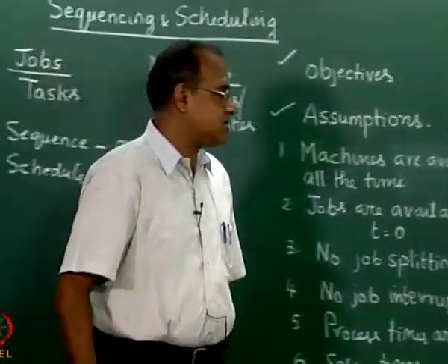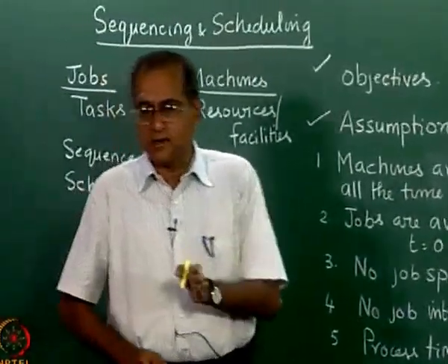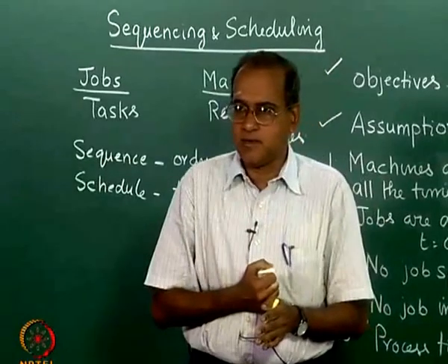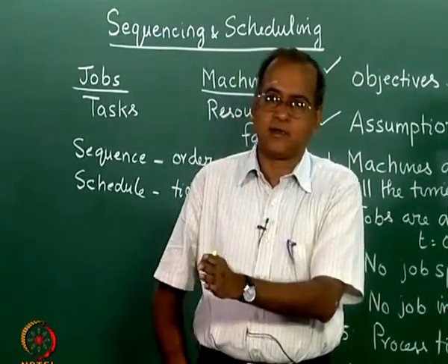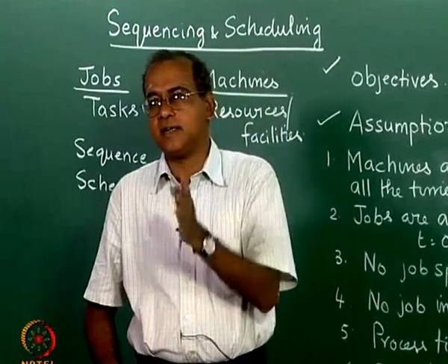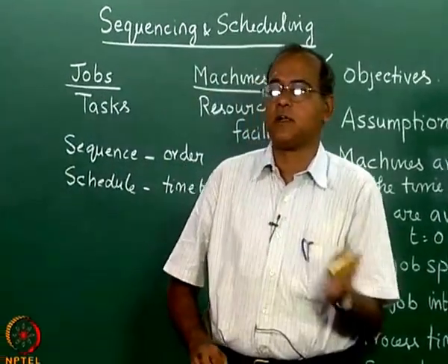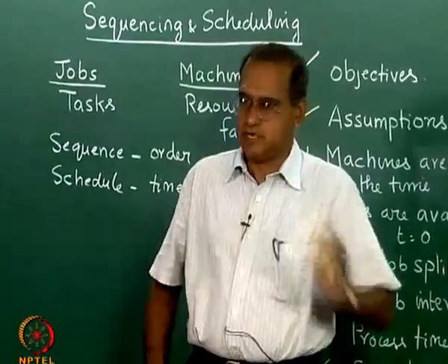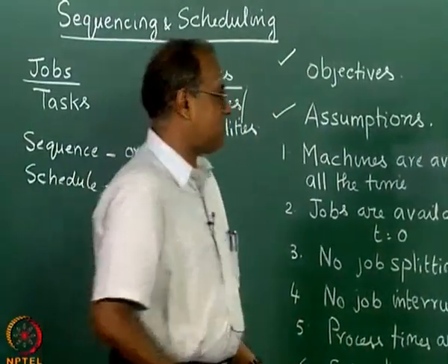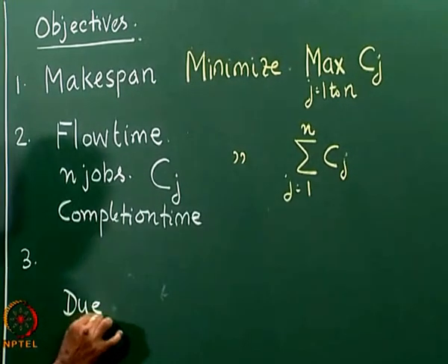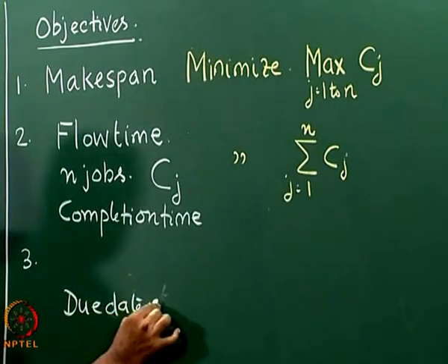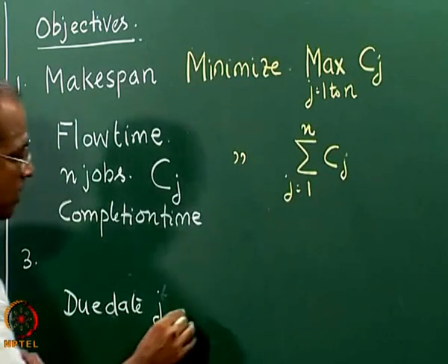So, let us say that for each job j, when the job is taken up for processing, there is a time called the due date, which indicates the time at which this job is expected to be finished and delivered. So, there is a due date associated with each job j, which is called dj.